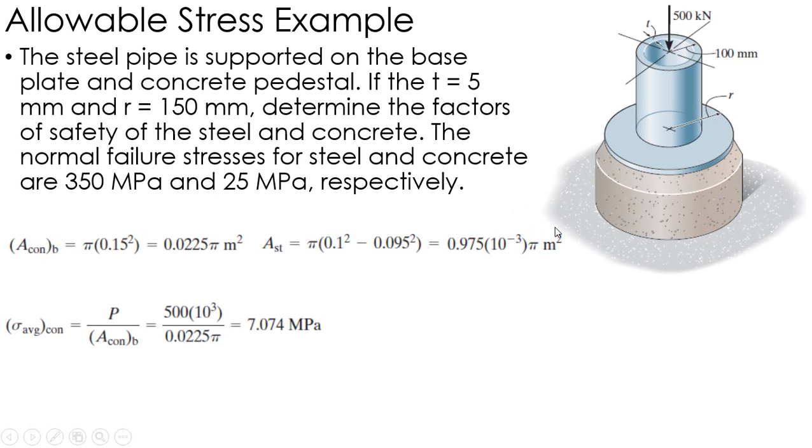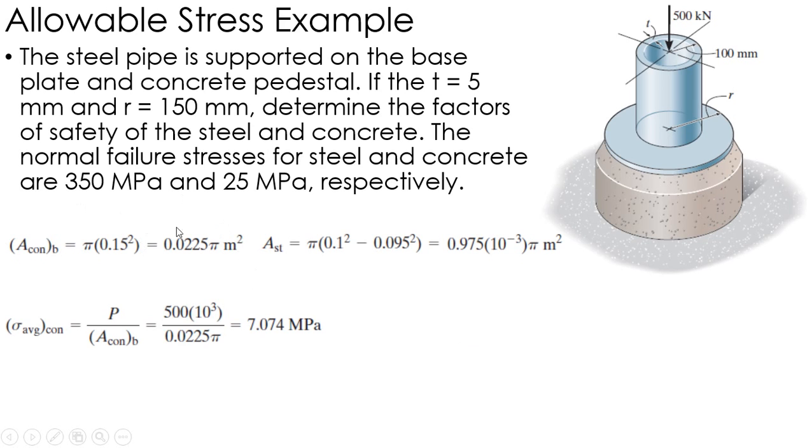First, we'll look at the stress on the concrete, which is my load, 500 kilonewtons, divided by the bearing area that I just found. That gives me a bearing stress of just above 7 megapascals.